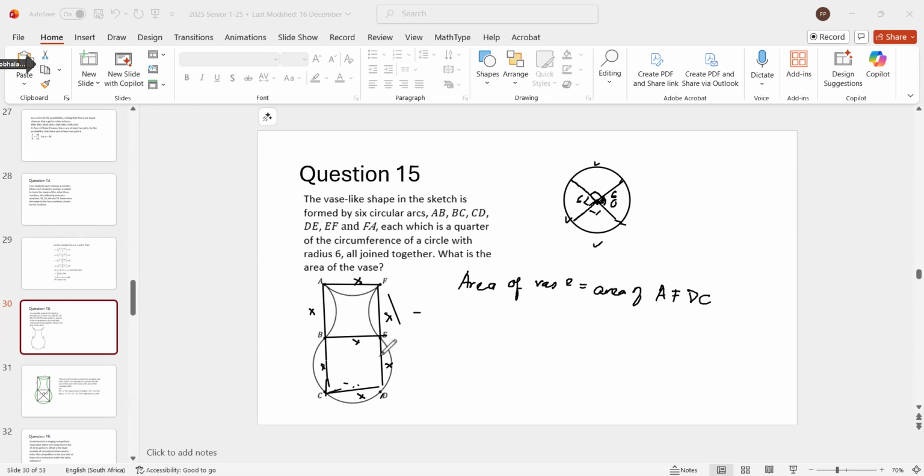They're equal squares, identical squares because they've got the same sides. The side of this square here is the same as the side of that square. So if this is X, this is also X. So the area of the rectangle is equal to X times 2X, because the breadth is X and the length is 2X. That's 2X squared.